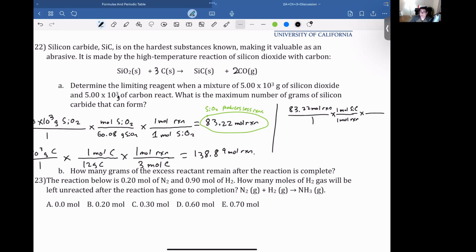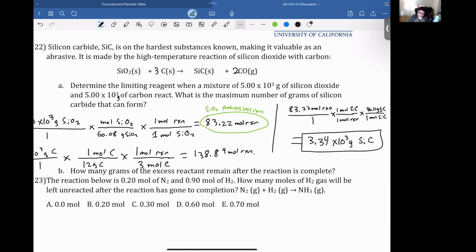And then the molar mass of silicon carbide is 40.11. If we want to go to grams, we don't want to stay in moles. And then you get your final answer of 3.34 times 10 to the third grams of silicon carbide.